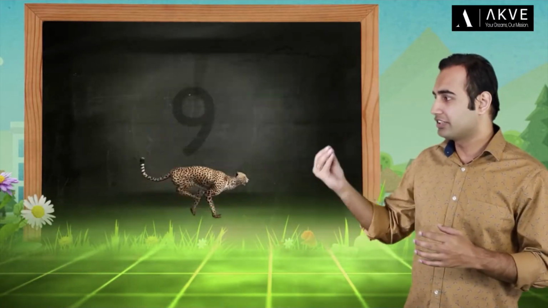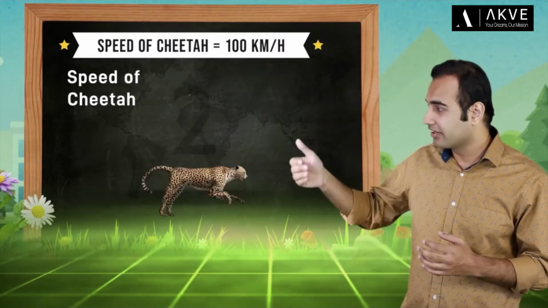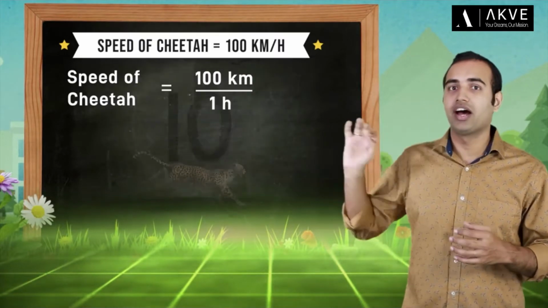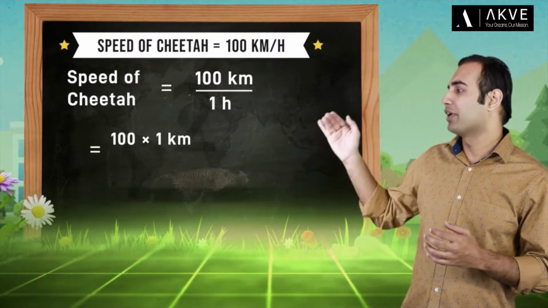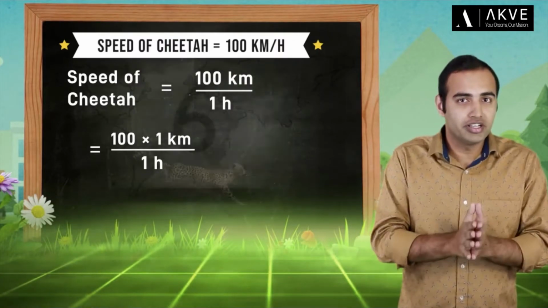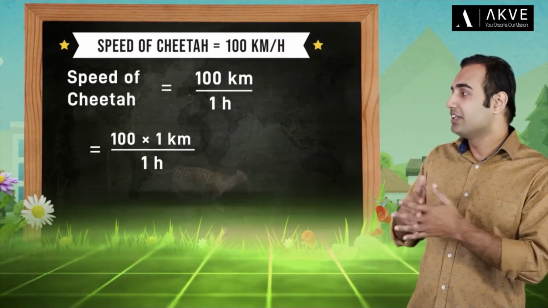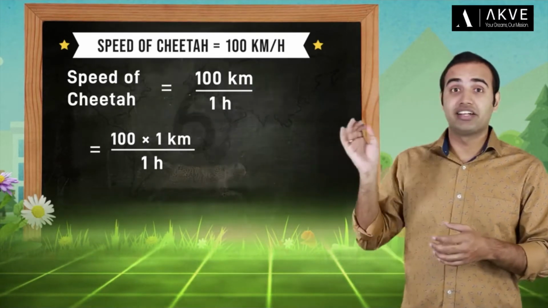First of all, we write the speed of cheetah as 100 km per hour and we rewrite this as 100 km divided by 1 hour. Now I can rewrite the numerator once again as 100 multiplied by 1 km divided by 1 hour. Now because I want to convert it into meters per second, let's replace the value of 1 km in terms of meters and 1 hour in terms of seconds.